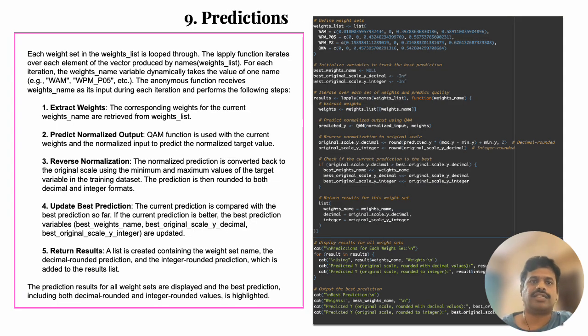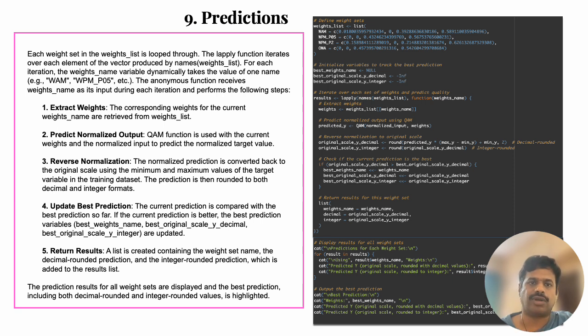And then we create a list of weights. So all the weights that we have received with the 4 models, we create a weight list, and then we use a loop to figure out the weight name, and based on the weight name we pass the respective weights to the OWA function along with the normalized input. We pass the normalized input and the weights, and then we get the predicted normalized output.